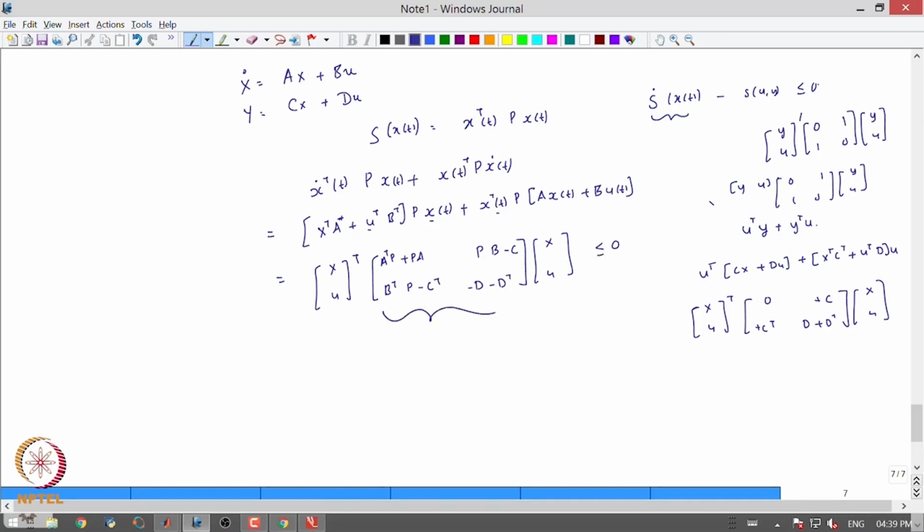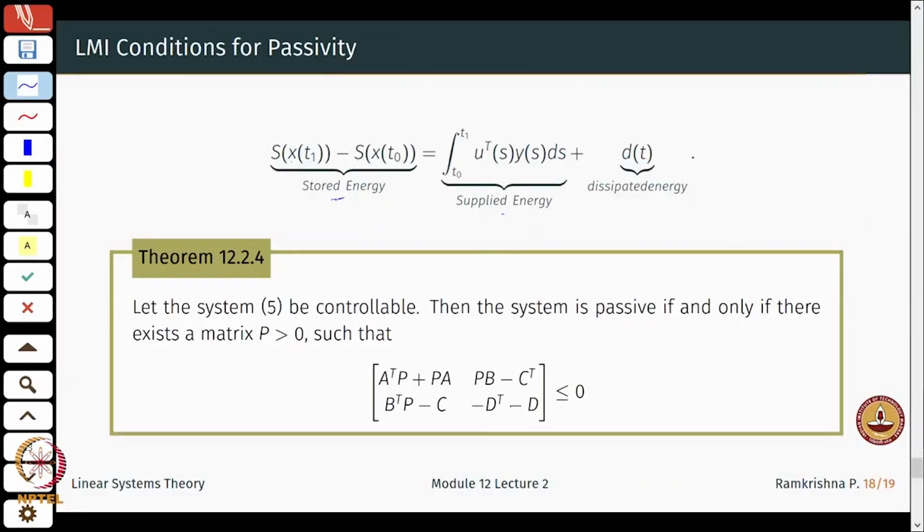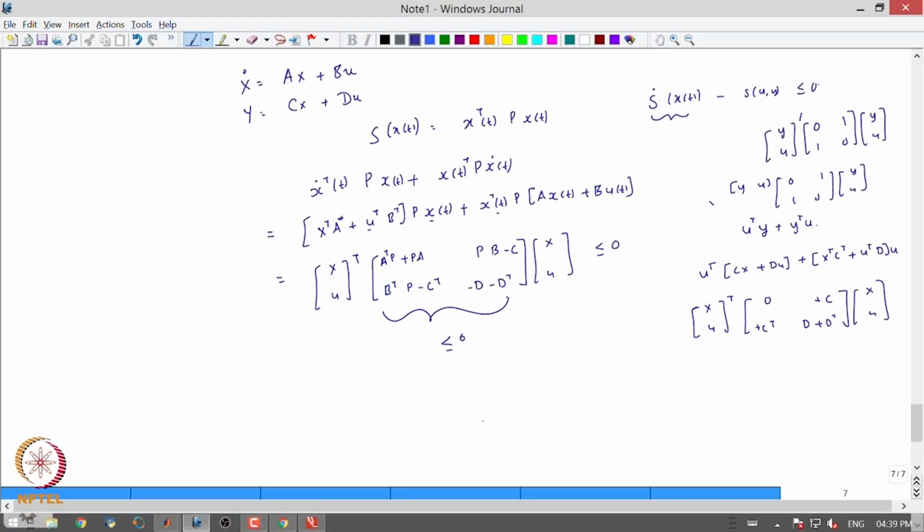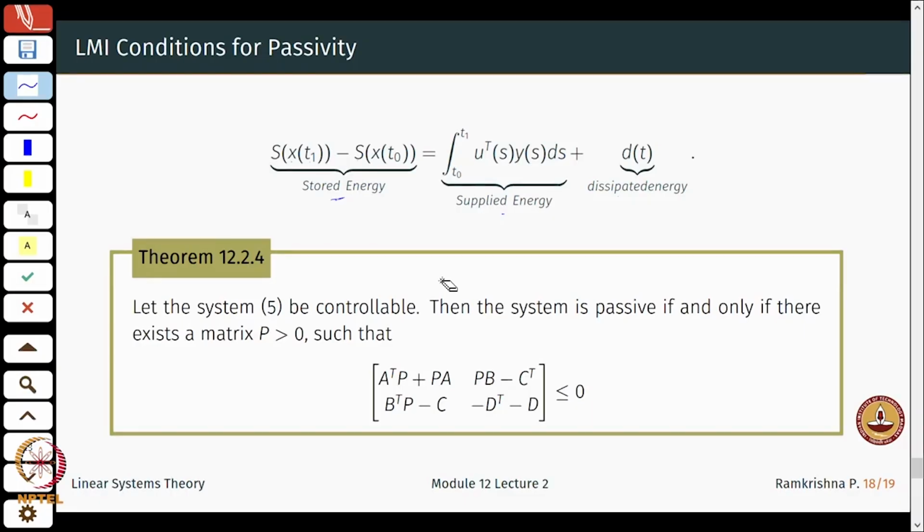Therefore, this is equivalent to saying that this matrix is less than or equal to 0. That is essentially what I have here. Some terms, x transpose C, will have a C transpose and a C here. So this is how I derive that particular LMI.